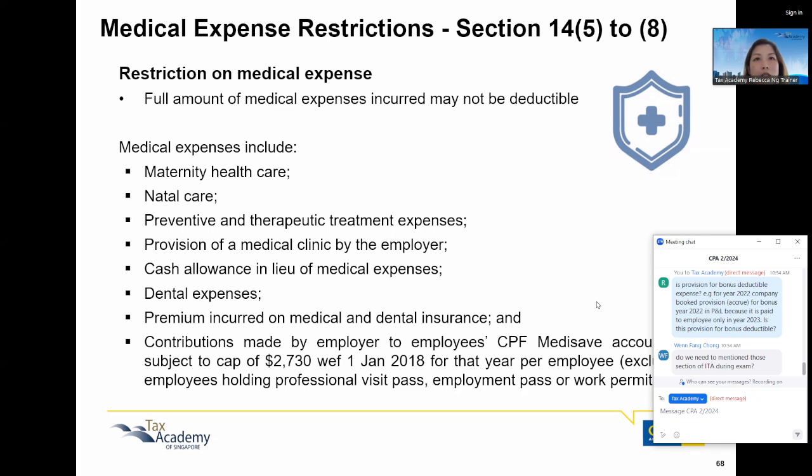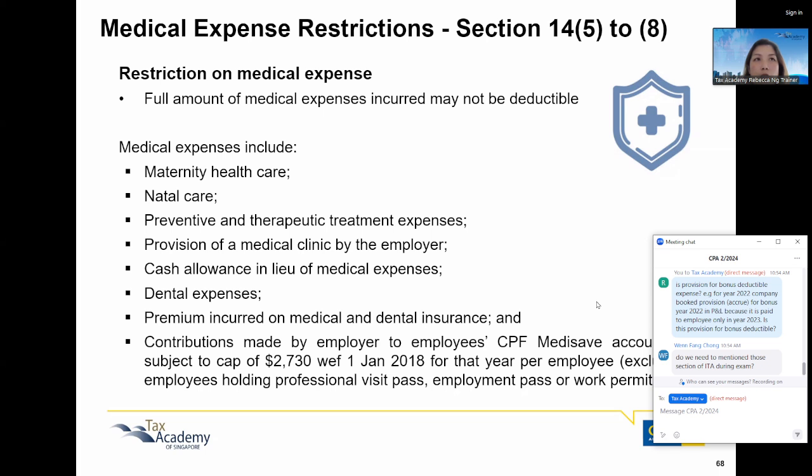Okay, Section 19 is capital allowance. You need to know all this so that you can apply the correct tax treatment, because under various sections there are different ways of computing the expenses. For example, medical expenses that I'm going to touch on.